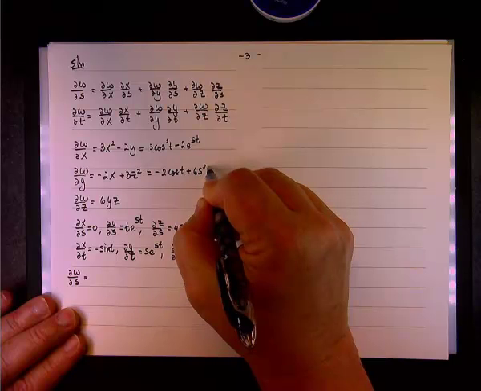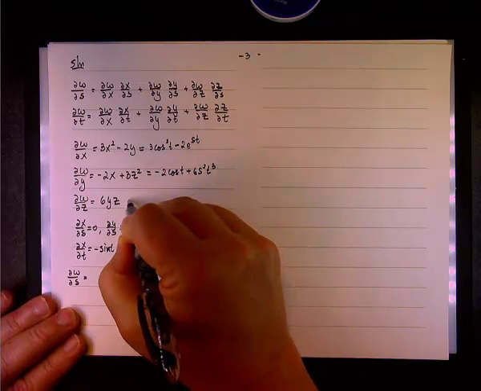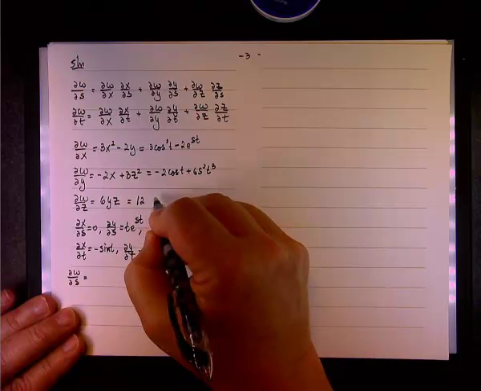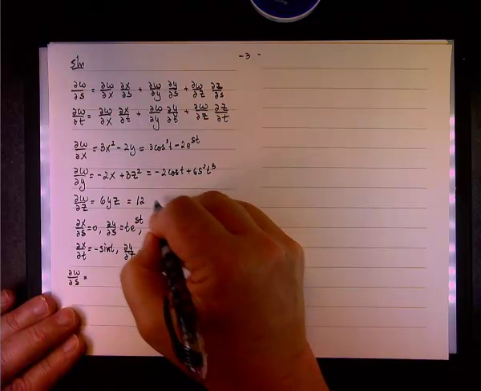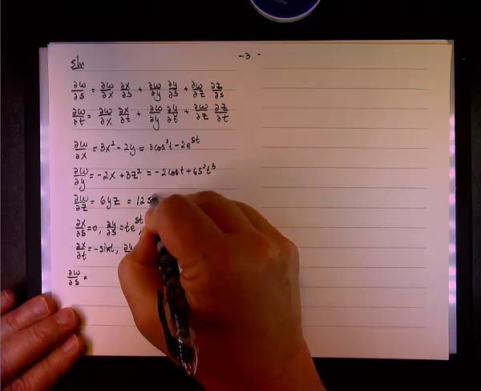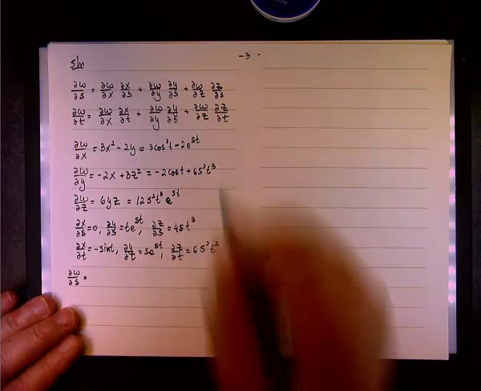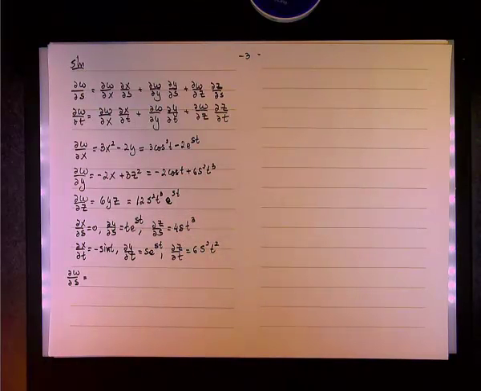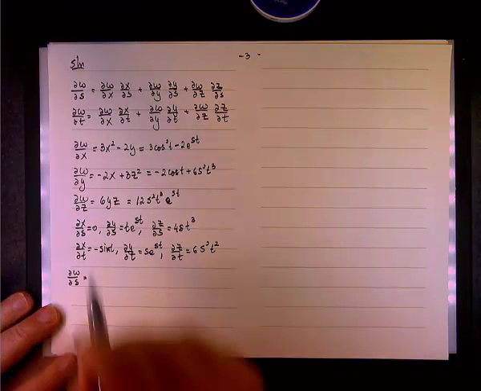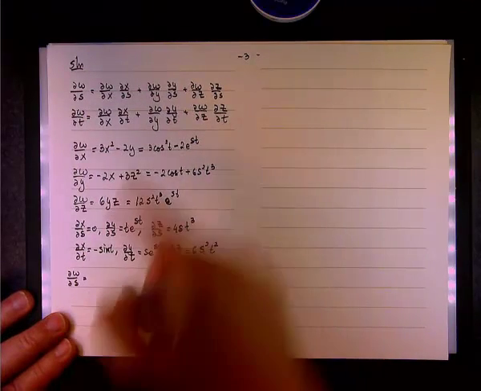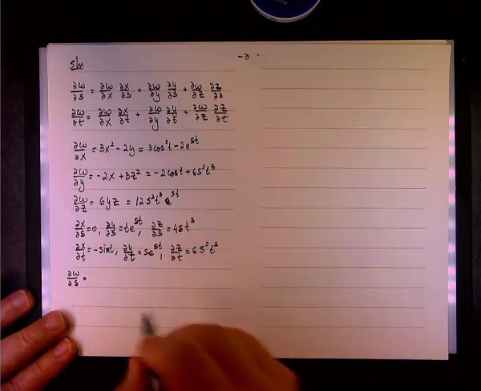So we have 3 cosine squared of t minus 2y, and y is e to the st. Here we have minus 2 cosine t plus 3z squared, so plus 6 s squared t cubed, and this one is 6y times z, so we have 6 times 2, so that would be 12 e to the st, and leave it at the end.